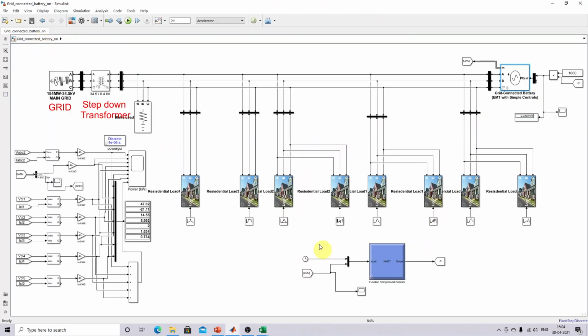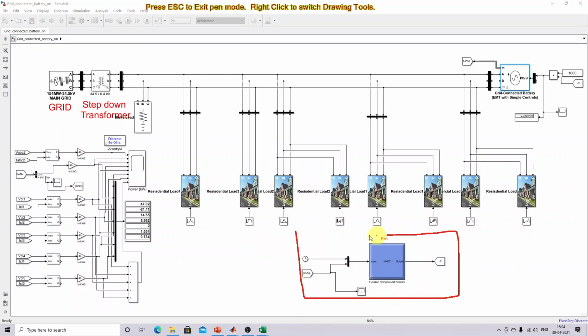Okay, so here the load profile, the power sharing of the grid and the load sharing of the grid connected battery, is going to be controlled by means of a neural network. The neural network is going to receive two inputs. One is time of the day, and another one is SOC.